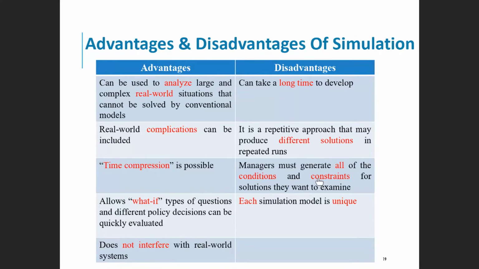And talking about constraints, that's why you see the disadvantage here: managers must generate all the conditions and constraints for the solutions they want to examine. Remember when we talked in the first part about the LP, the linear programming, and when we read the problem, I said that you have to read it carefully and define the objective carefully, because the constraints and variables also have to be stated correctly.